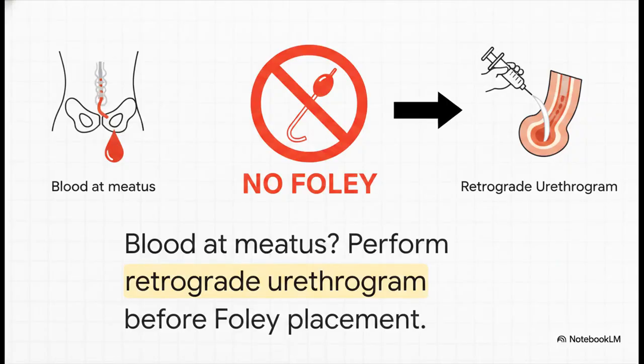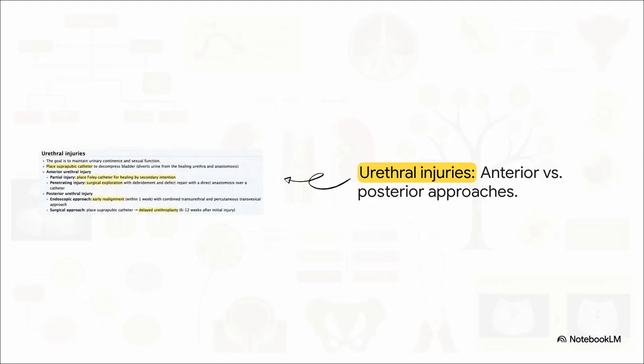Blood at the urethral meatus, a pelvic fracture, perineal ecchymosis, or difficulty voiding all heavily suggest a urethral injury. You must perform a retrograde urethrogram before you even consider placing a Foley catheter. Doing so blindly could easily convert a partial tear into a complete transection. When managing these, posterior urethral injuries typically require a suprapubic catheter with a delayed surgical repair.